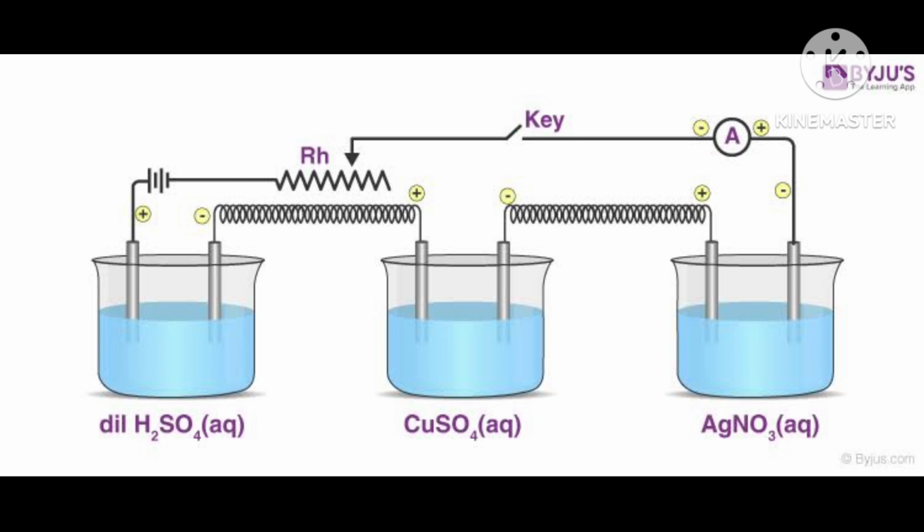During the electrolysis of aqueous sodium chloride solution, three products are there. The products are NaOH, first product. Second is chlorine, Cl2. And after that you will get hydrogen gas, H2. In this case, what happens?